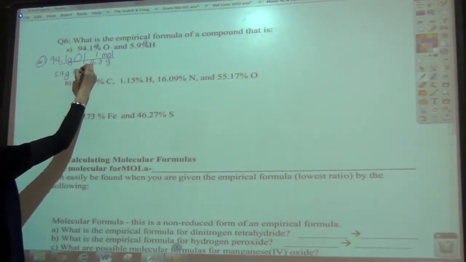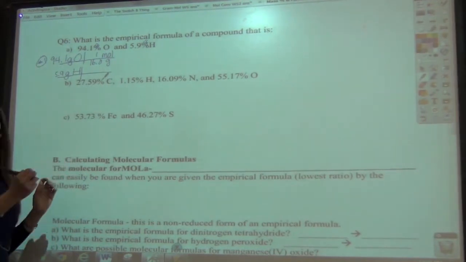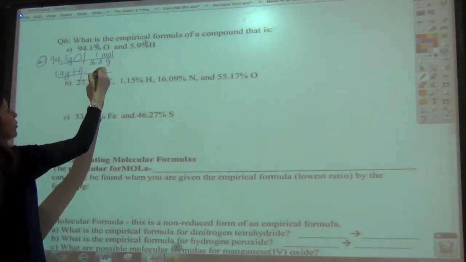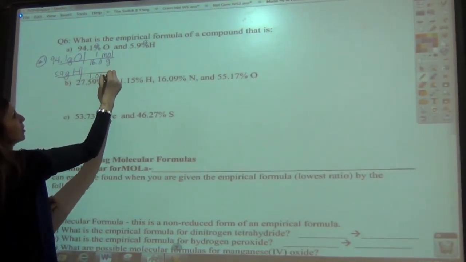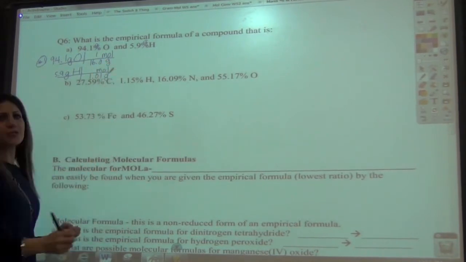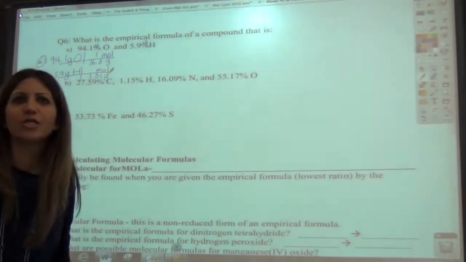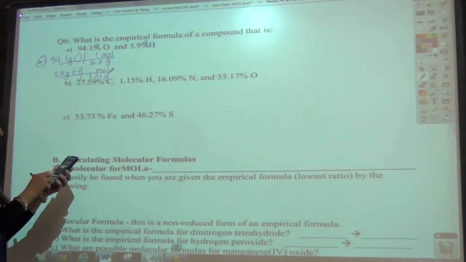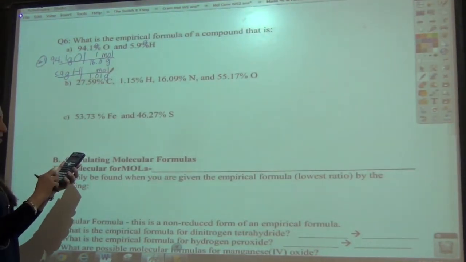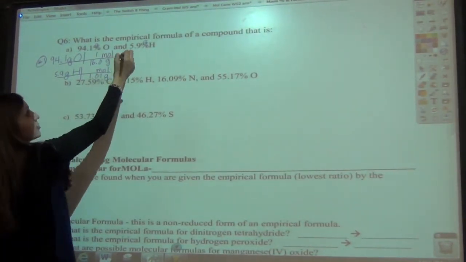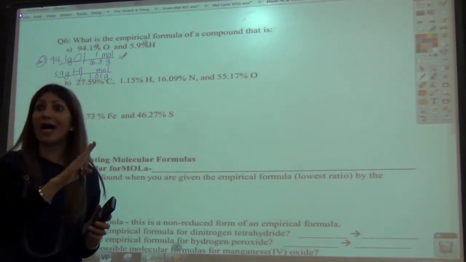Now let's do this for H. So I've got H. Hydrogen's molar mass is 1.0. We're going to write 1.01 grams for every mole, just because that's what WebAssign uses. So we'll use 1.01. So I'm going to do 94.1 divided by 16. And do your sig figs. I said don't round yet.